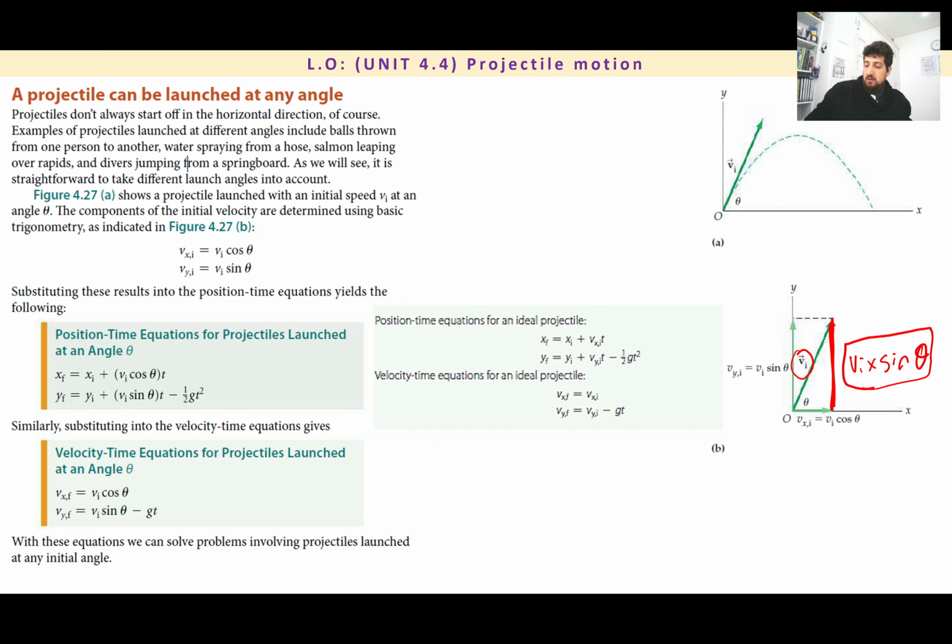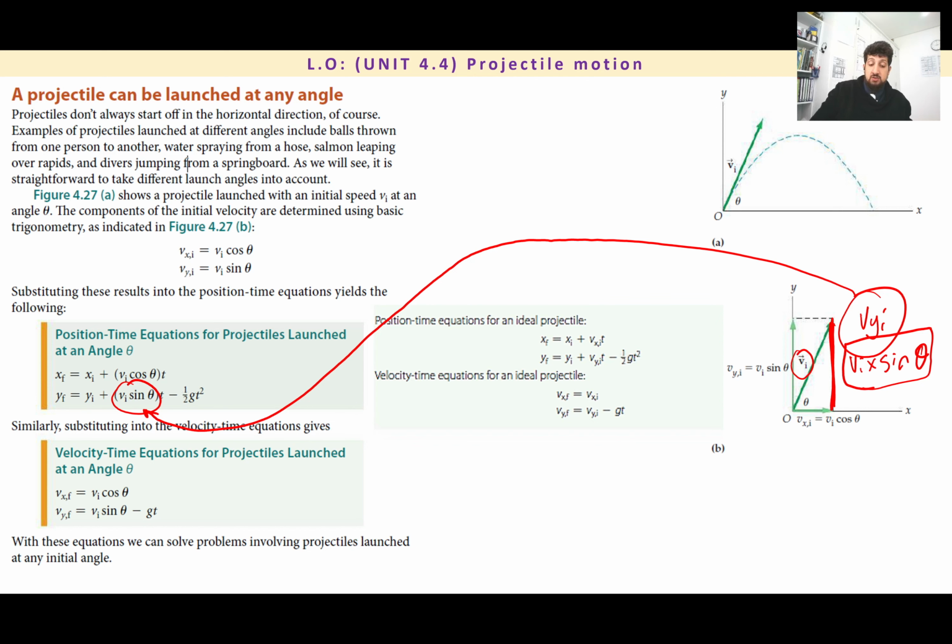Then it's going to be the hypotenuse, Vi, multiplied by SOH, opposite over hypotenuse, sine theta. That's the formula. So it's exactly the same. That's going to be Vyi. It's going to be the hypotenuse multiplied by sine theta. And that's what we did here. So if you notice over here, we replaced Vyi by Vi sine theta. Okay, that's all it is.